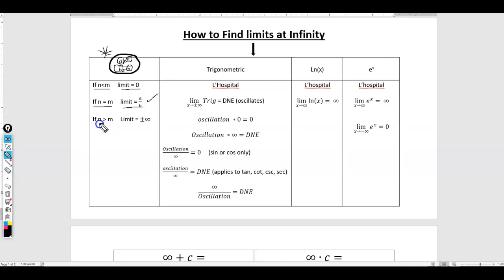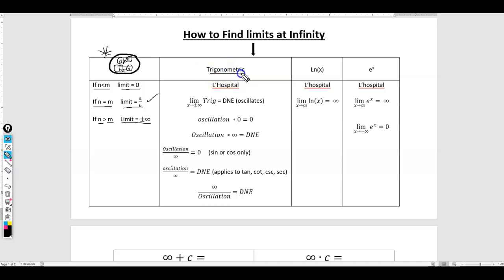If the power on the top is greater than the power on the bottom, then your limit is either going to be positive infinity or negative infinity. The only way to figure out which it is is probably by doing L'Hopital's rule or plugging in really big numbers to see whether you end up with positives or negatives. But we'll get to those examples when we get there.